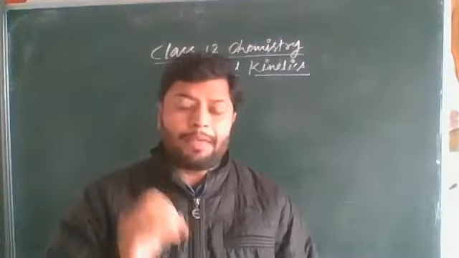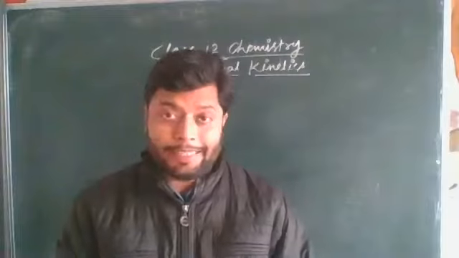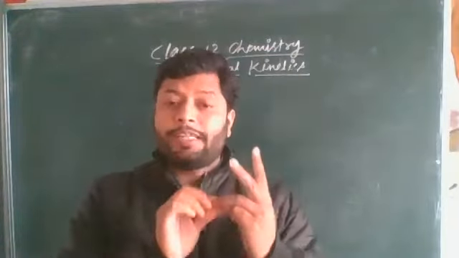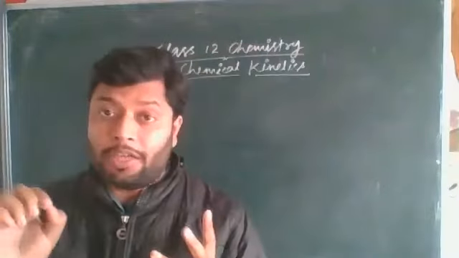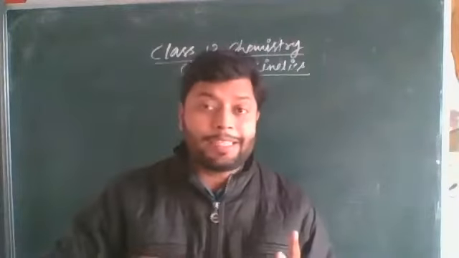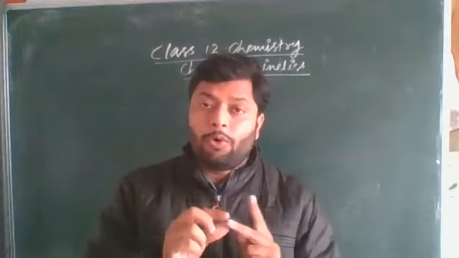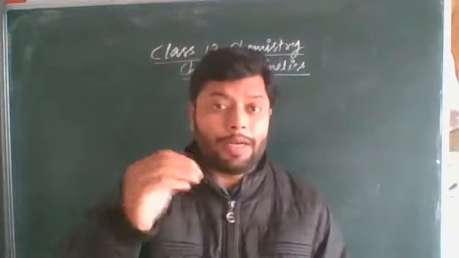For any chemical process, three things are required. The one is: is there any feasibility of the chemical reaction or not? Means the chemical reaction will occur or not occur. The second thing is to what extent the chemical reaction can go forward.